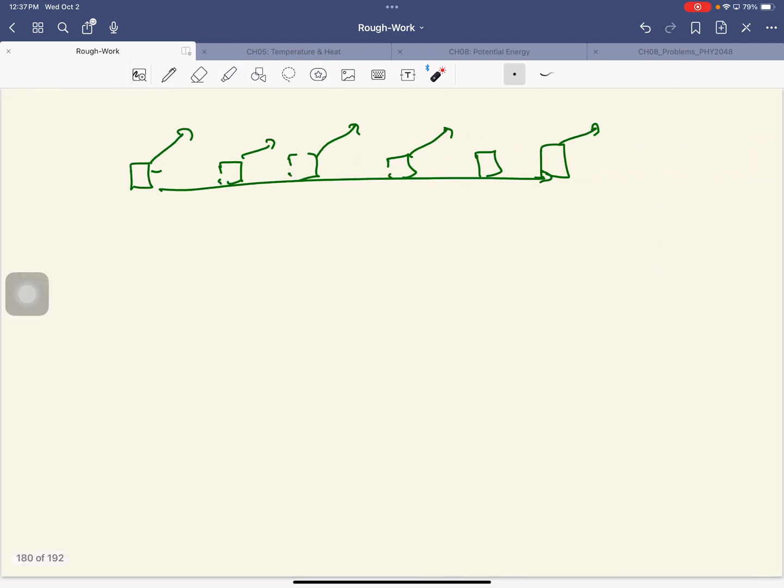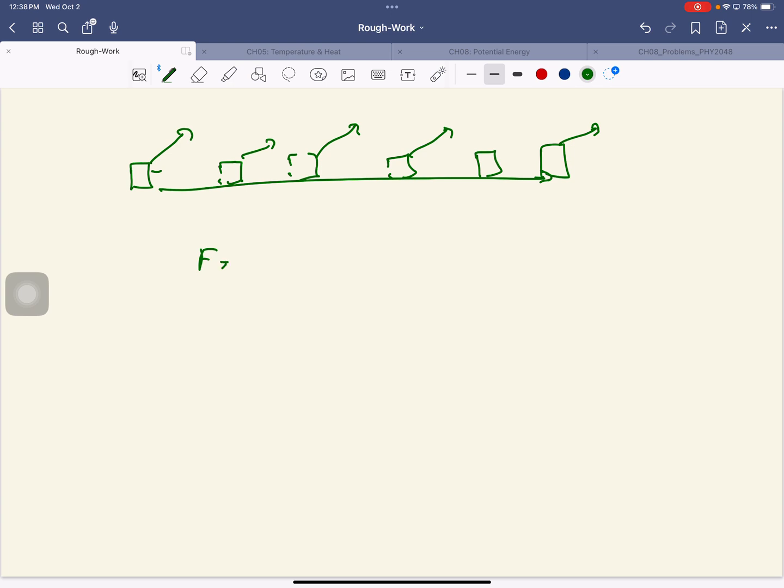All right, so when the force changed, what did you do? You broke up this displacement into small pieces. How small a piece did you break it up into? You break it up into small enough pieces where the force remains constant over that piece. And now you know how to calculate the work done on that small piece.